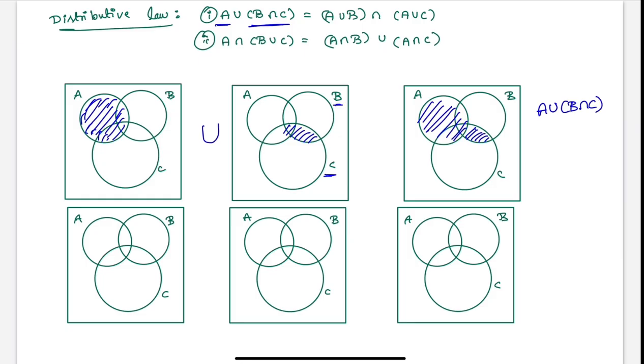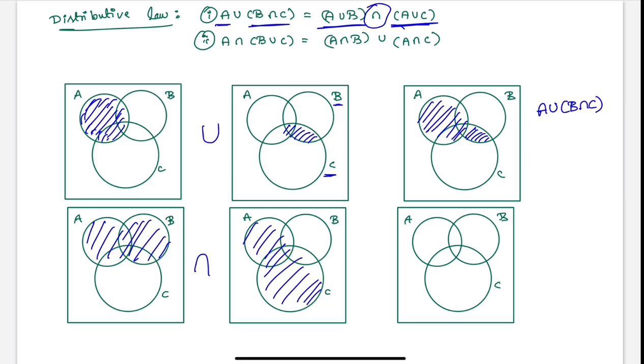Okay, fine. What do we have on the RHS? A union B. So this will be A union B. Then what we need is A union C. This is A union C. Then we need the intersection. Intersection means we are taking the common area, which is the common shaded area over here. See, A is shaded, B is shaded here. Here A is shaded, C is shaded.